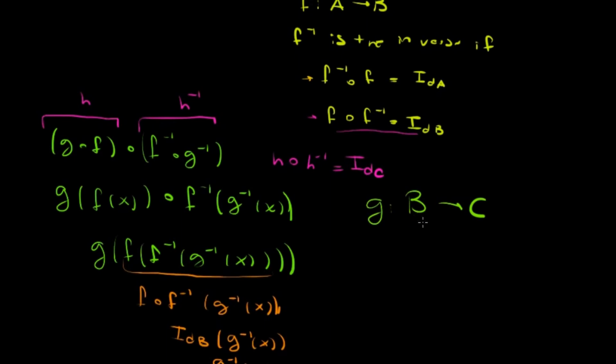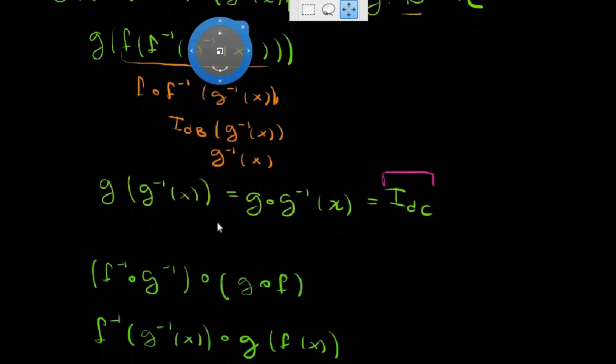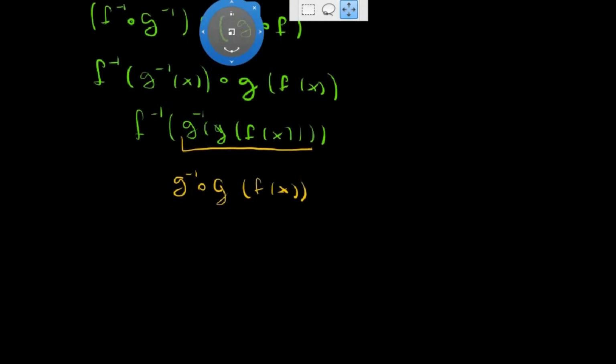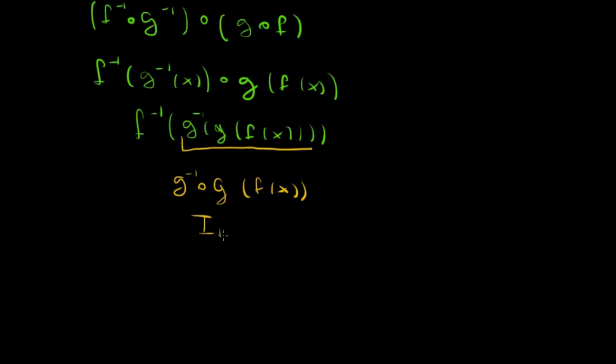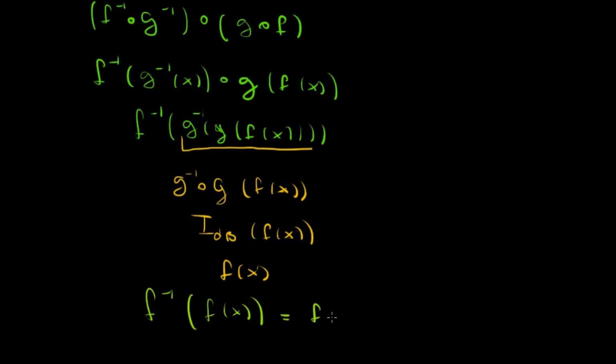So the domain of G is B. So this is the identity in B evaluated in F of X, and this is just F of X. So I can rewrite this as F inverse in F of X. And again, I have F inverse composed with F in an element X, and well, I'm not going to look at my definition again, I just did. This is the identity in A.